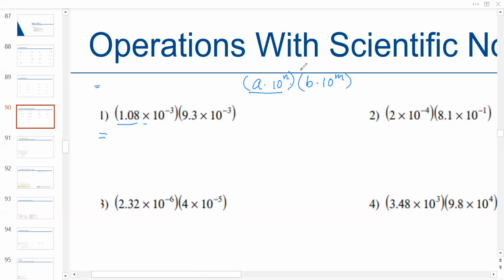So we can get rid of these parentheses, right? So getting rid of parentheses will be like this, right? So what do we need to do? We only need to do A and B. We can use the commutative property, A times B together here, right? The rest part here is 10 power N plus M, right?